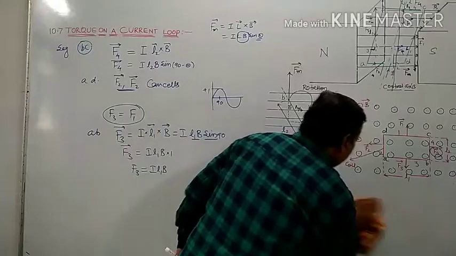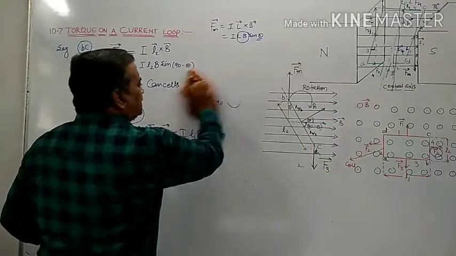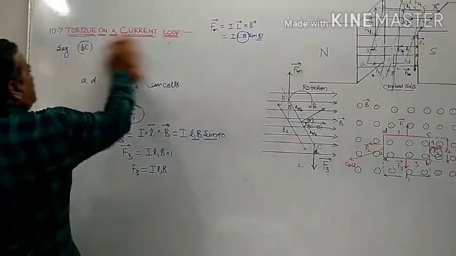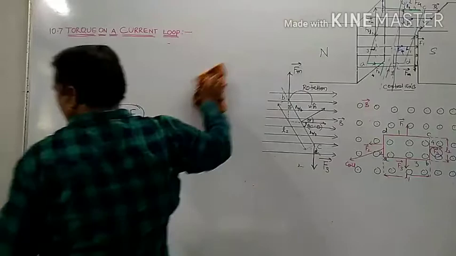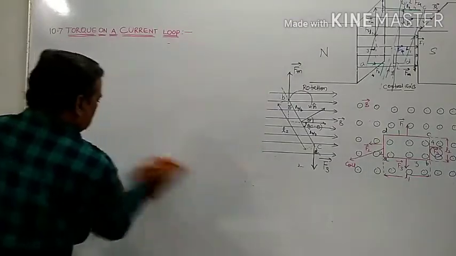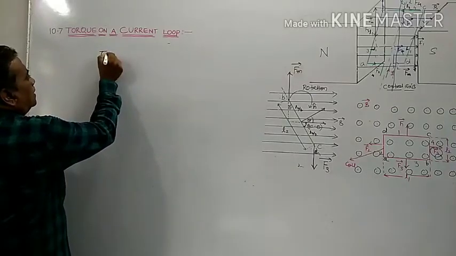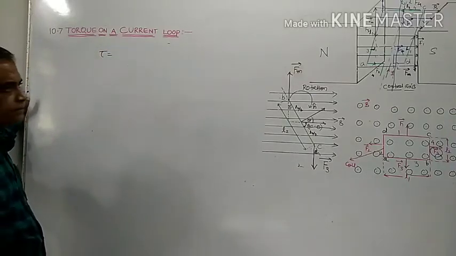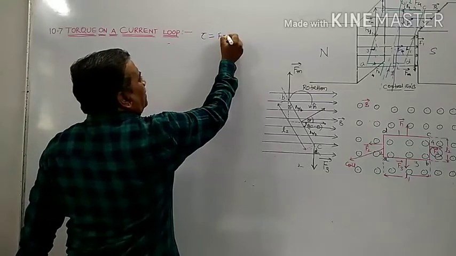Here we want to find the torque which is acting on a coil. Torque is nothing but the magnitude of force multiplied by perpendicular distance. So the torque acting on a coil is equal to, torque is always equal to force multiplied by what?